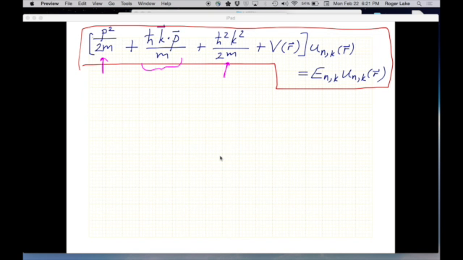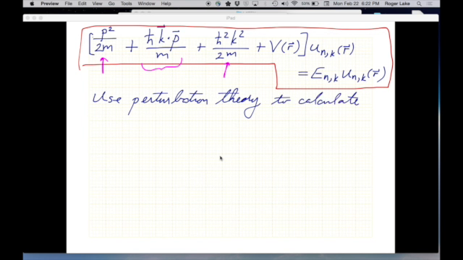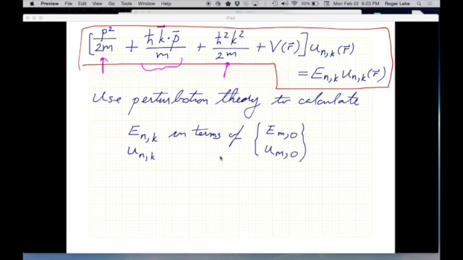And now let's talk about perturbation theory and what you can get out of this equation. We're going to use perturbation theory to calculate our k-dependent energies for each band n, En of k, and our new Bloch functions, the u functions, un k, in terms of what they were at k equals 0, which are the known quantities that you start with.